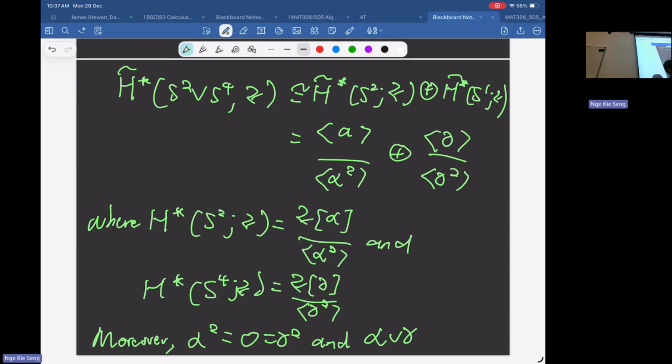If you look at this CW structure or cellular complex structure, it's a wedge sum, not a product. You only have degree 0, degree 2, and degree 4. There's nothing in degree 6, so these two cupped together should be 0. Nothing inside there.